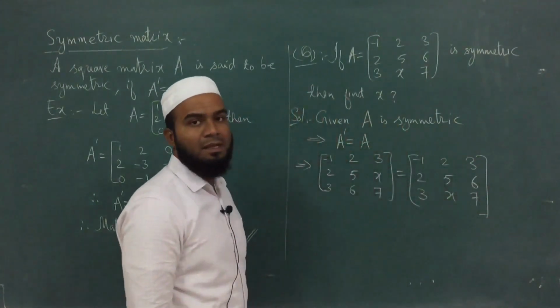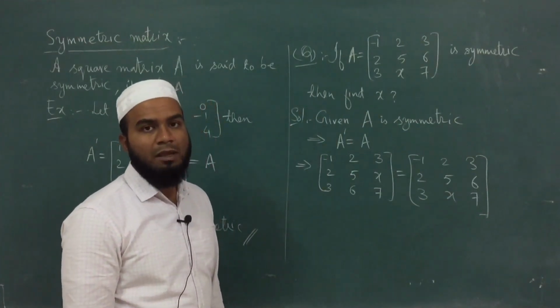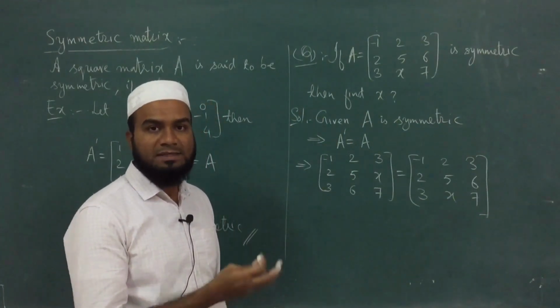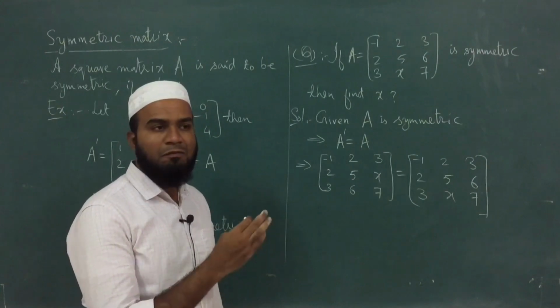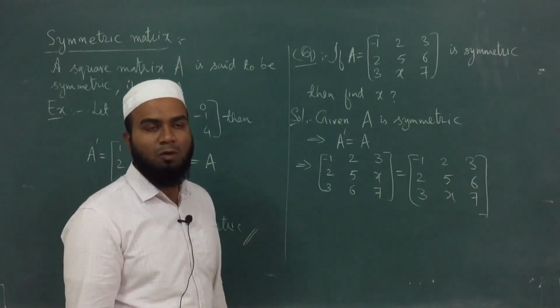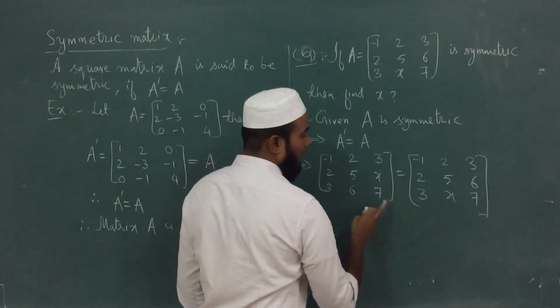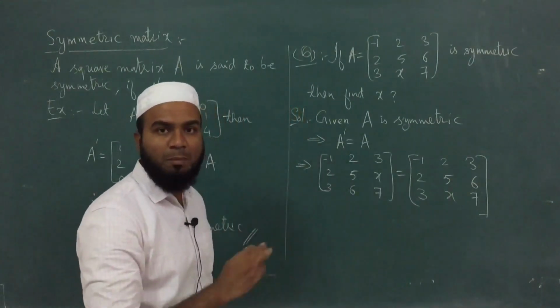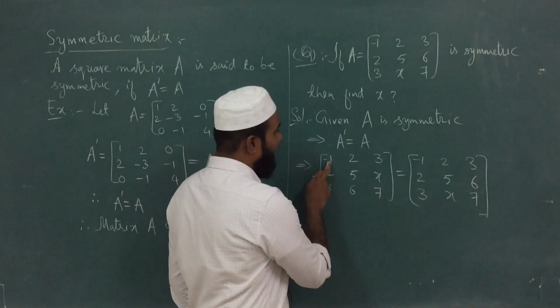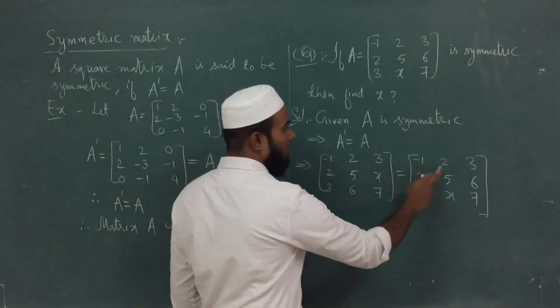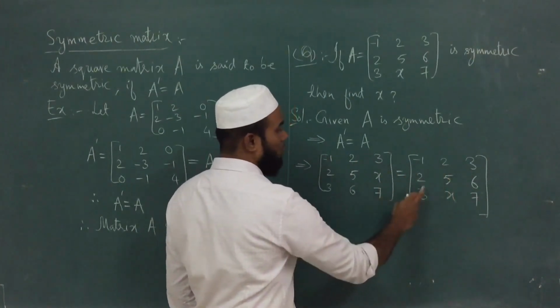Now these two matrices are equal. Already we have seen the meaning of equality of matrices: two matrices are said to be equal if the corresponding entries are equal. Already minus 1 equals minus 1, 2 equals 2, 3 equals 3, 5 equals 5.